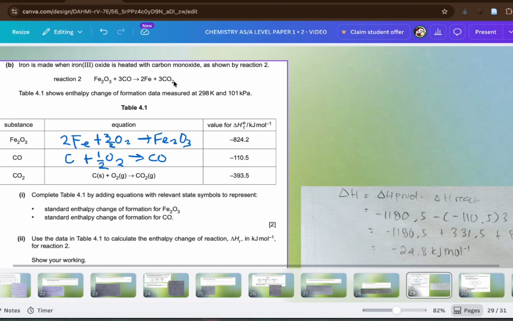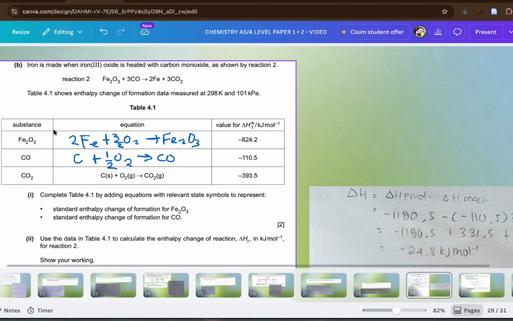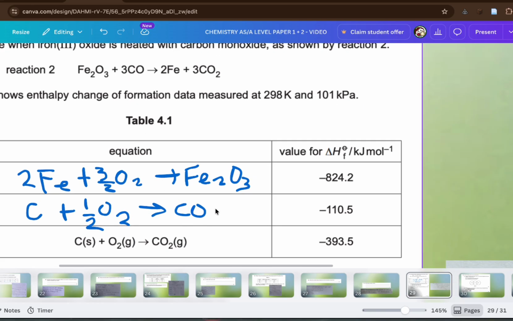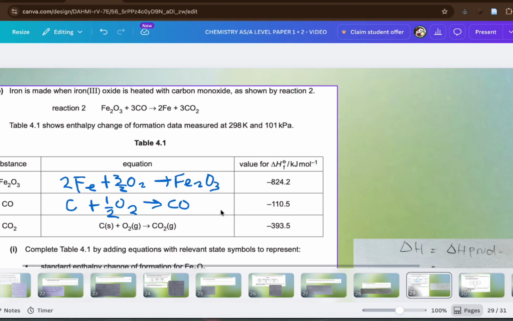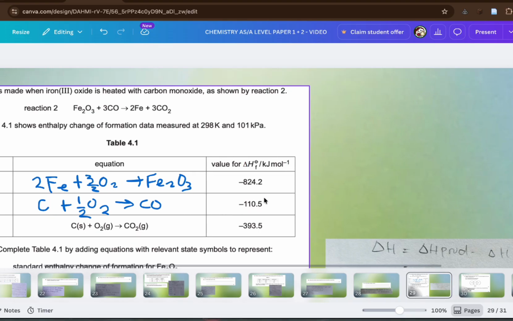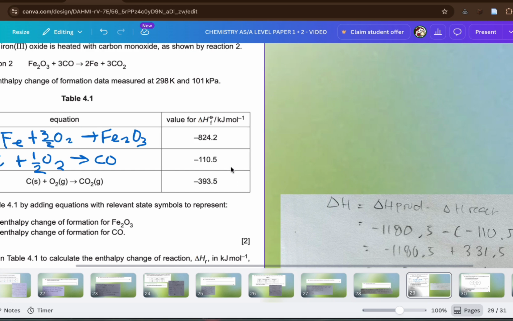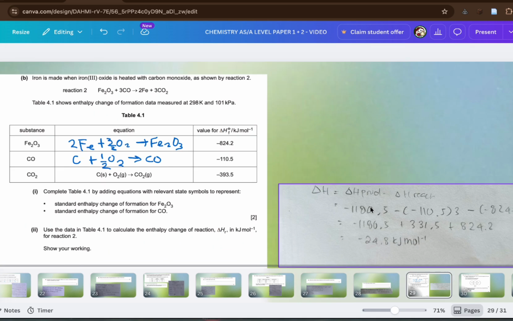Let's compare the reaction with the equations here. Our iron 3 oxide remains the same, so it's negative 824.2. Plus 3 carbon monoxide. However, carbon monoxide is only 1 for negative 110.5 enthalpy change, so we have to multiply negative 110.5 by 3.